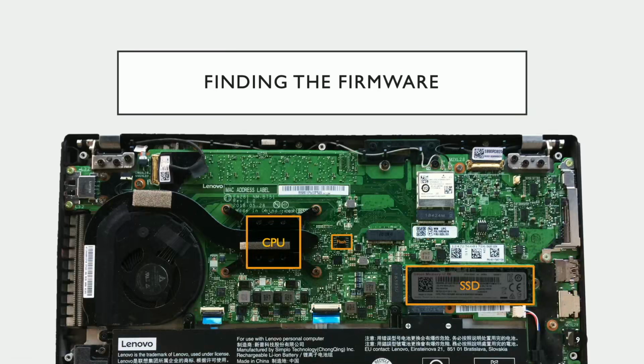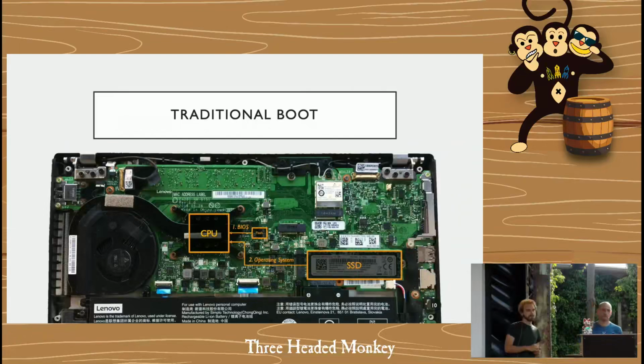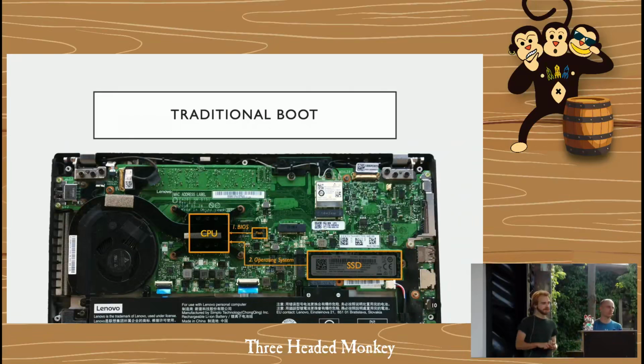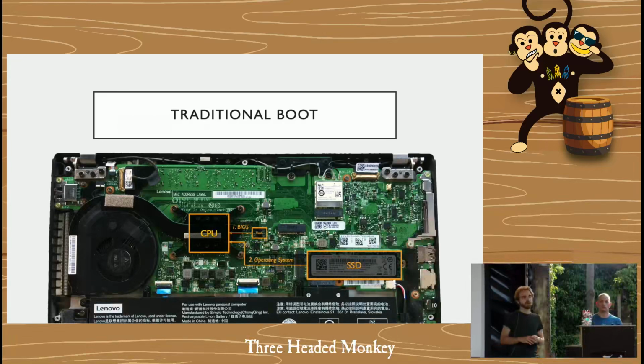And what's a bit harder to spot is an SPI flash. This is a non-volatile memory that is responsible for storing the BIOS, or today it's called UEFI. So in a traditional boot, the CPU would first grab code and data from this SPI flash, and only then, after having proper drivers, it can load such a complex thing as an operating system from the SSD.